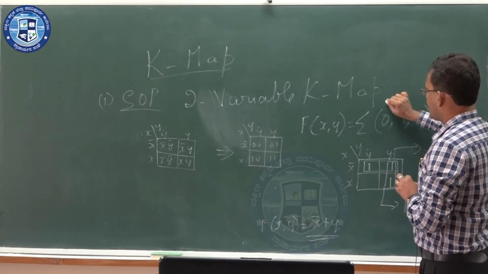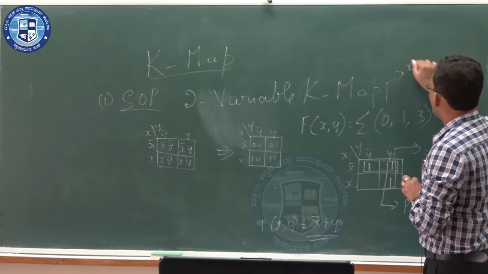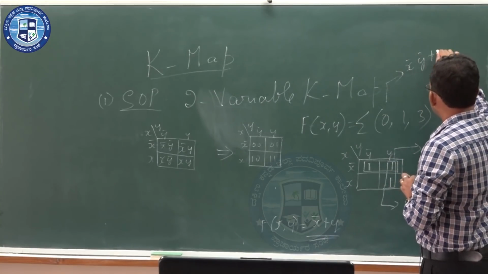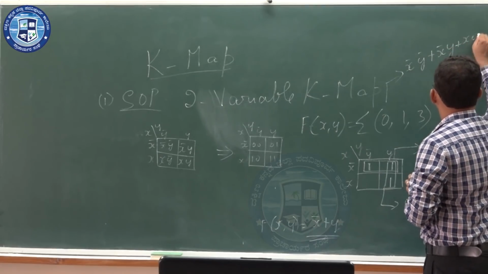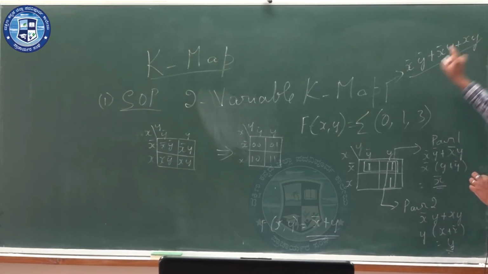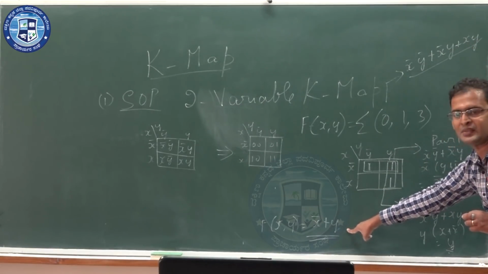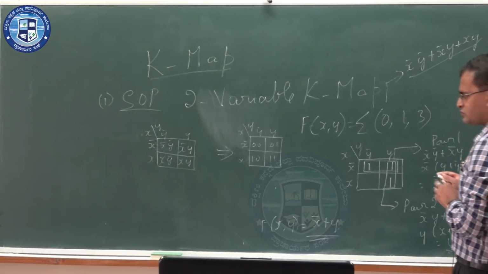The given problem, if you want me to write in terms of x and y, was x bar y bar plus x bar y plus x y. So, this was the given expression and this is the reduced expression using the K-map for two variables.